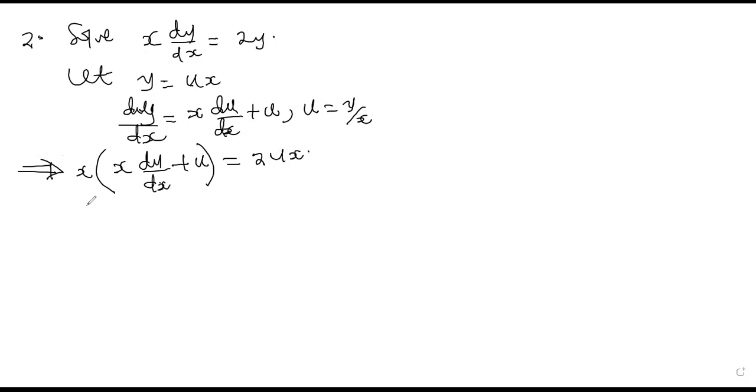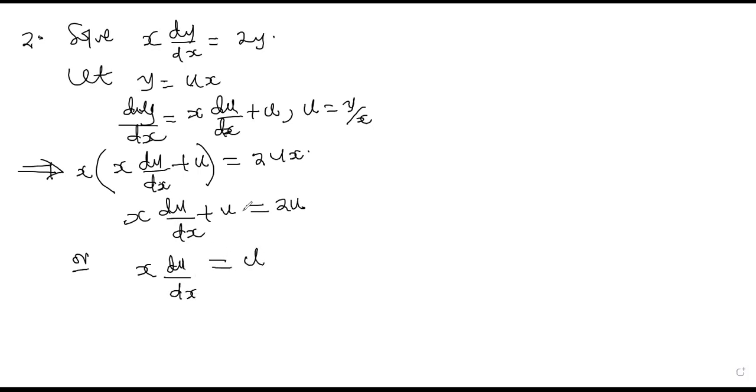Implying that if you divide by x here and here, you have x du dx plus u is equal to 2u. Or one can write and say that x du dx is equal to u, because it will be 2u minus u, which is u.